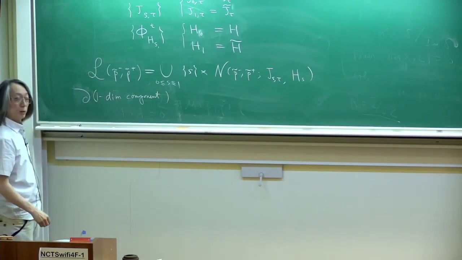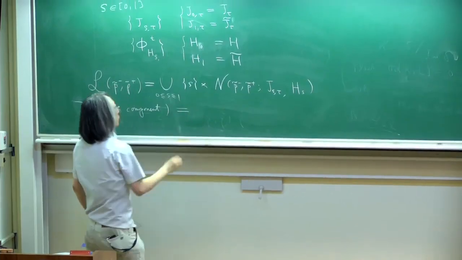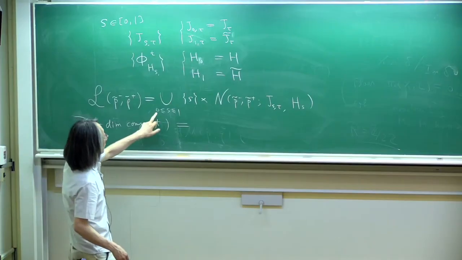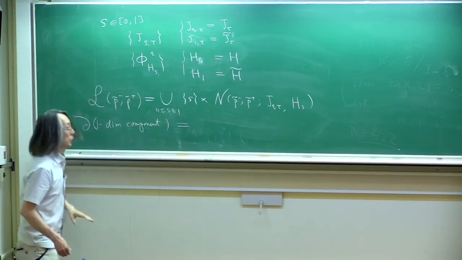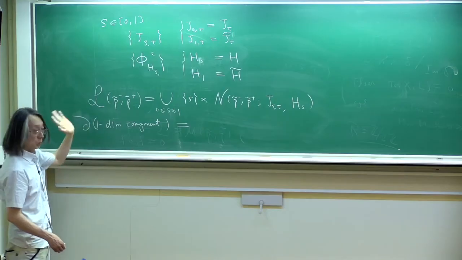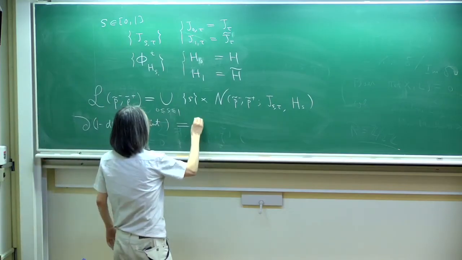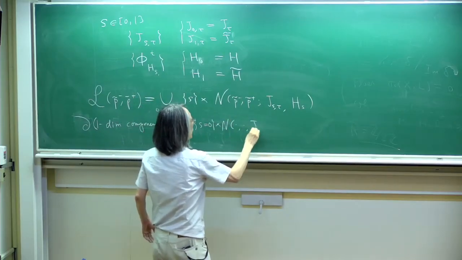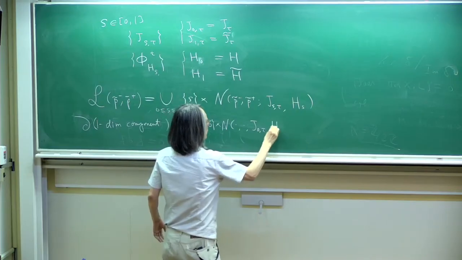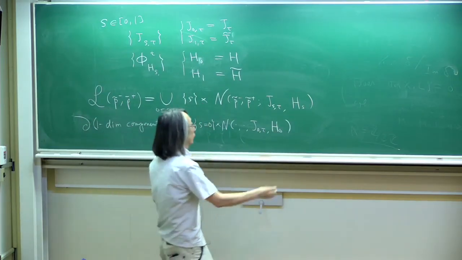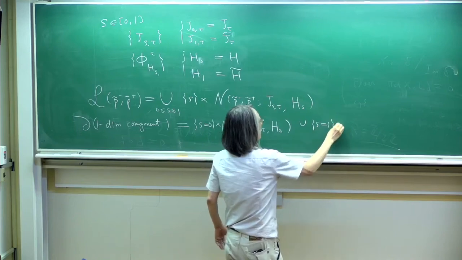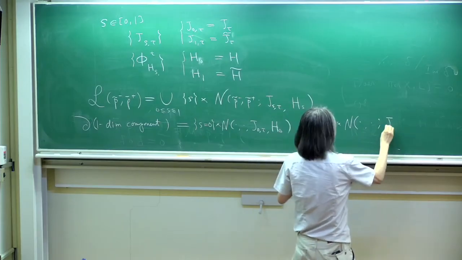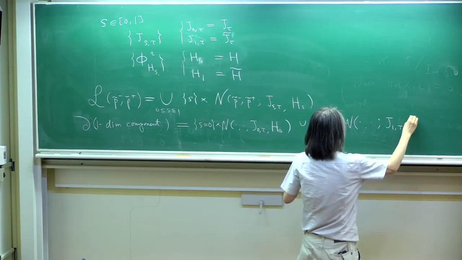And then what you get is that there are maybe 3-4 types of boundary. And one is certainly, this is parameterized by S between 0 and 1. So therefore, one boundary is, in this case, S equal to 0, right? So here you have S equal to 0 times this moduli space of J0 tau and H0. And then you have also S equal to 1 and this moduli space of J1 tau and H1.